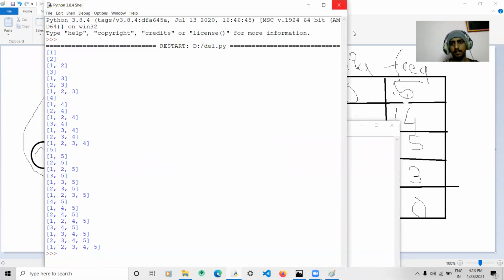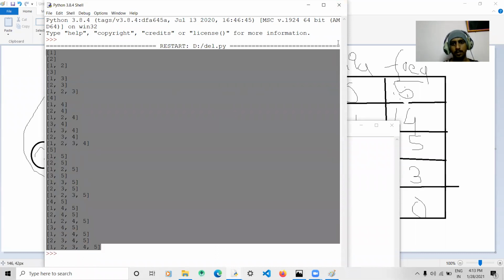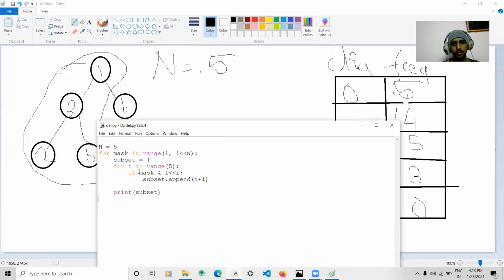There's no difference. It's basically that 5 comes later, and I still have all the subsets. So what this does, you can look online, is it basically checks the ith bit. Suppose mask was like this, 00111, and you do 1 shifted by 2. This will return true if the third bit from the left was 1, meaning set.